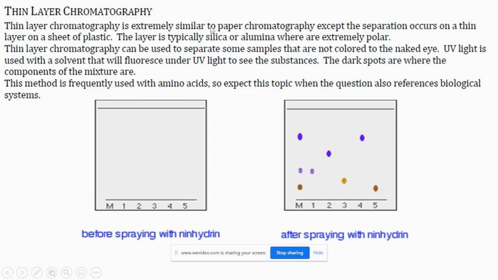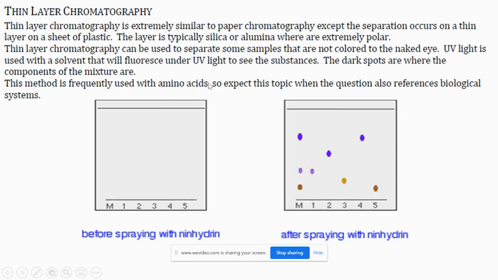So because of that, when you are doing this, you can watch and see how far the materials climb with this, but you have to use a solvent that will fluoresce under UV light. So they're going to put this in a solvent and see how it moves. Then you use UV light to see how far these things are moving.